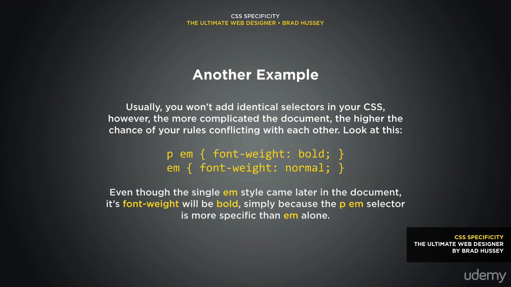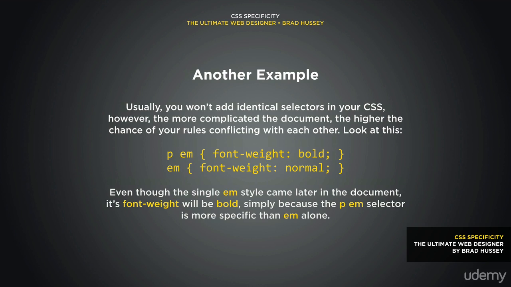Usually, you won't add identical selectors in your CSS. However, the more complicated the document, the higher the chance of your rules conflicting with each other. So look at this. There is a paragraph tag, a descendant selector, paragraph, and then M. So you're selecting the M tag within a paragraph tag, and the font weight is bold.